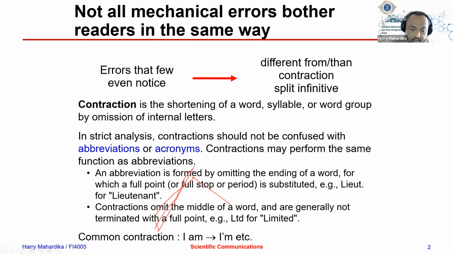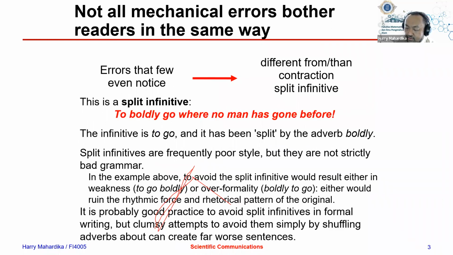Common contractions that people may use in scientific articles or in scientific presentations, for example, I am becomes I'm, etc. You are becomes you're, okay, and similar to that. However, you need to be able to detect whether the contraction used in an article is formal or not.